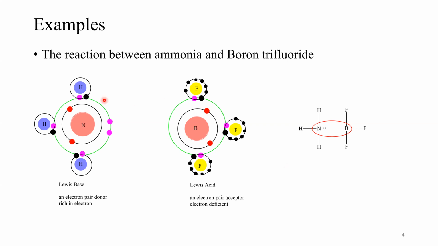And now, for establishing a good link and to complete their octet, they are helping each other. One very good example is the reaction between ammonia and boron trifluoride. So we will see separately what the ammonia looks like and what the behavior of the boron trifluoride is, and how they can make a bridge with each other.